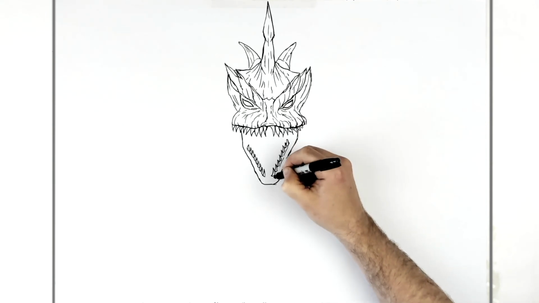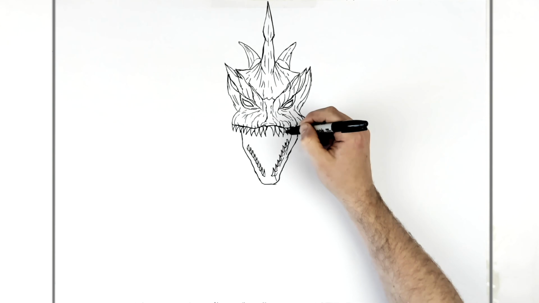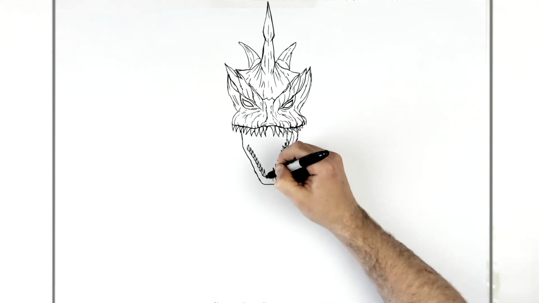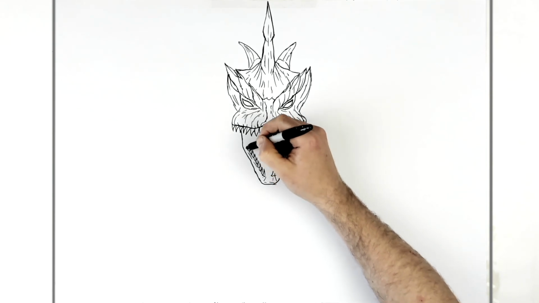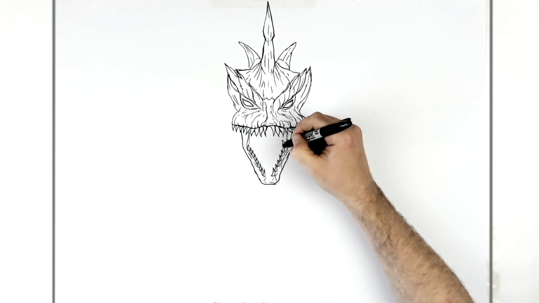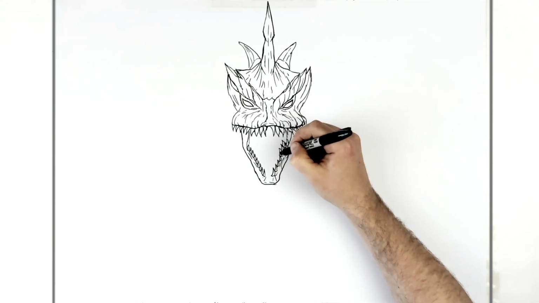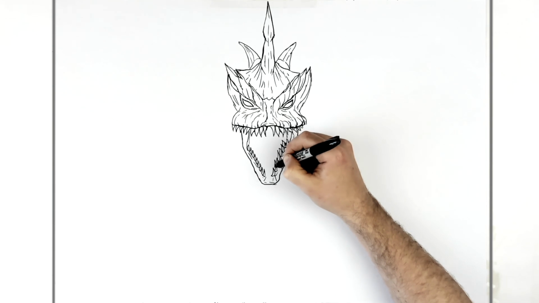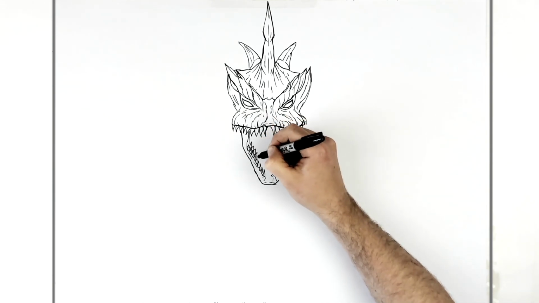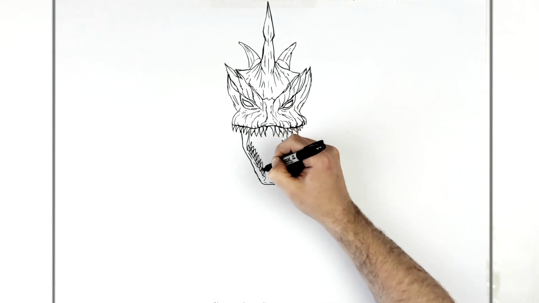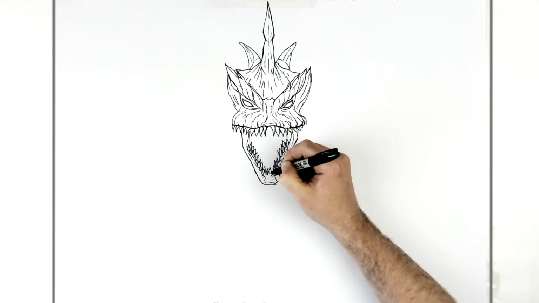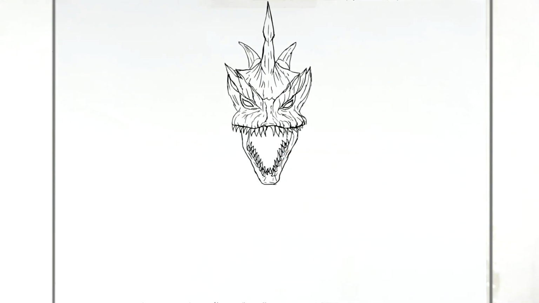And texture lines coming around his mouth here. Right, and then another row of teeth on the inside. So you just do that again. He's kind of got great white shark sort of teeth going on. Rows and rows and rows of teeth. I'm going to put some in the middle. You can't see it in the picture I'm drawing from, but I'm going to put some in there.